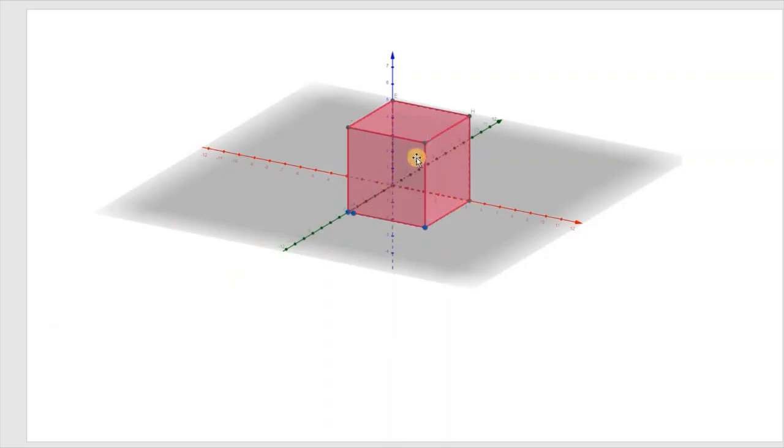Here a cube will come, so it will involve volume. So a volume integral means we have to discuss the triple integral. For a surface or region, we do the double integral. If we have to consider volume, we need to go for the triple integral.